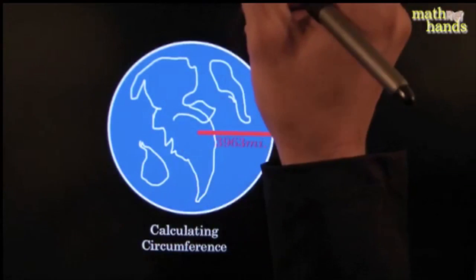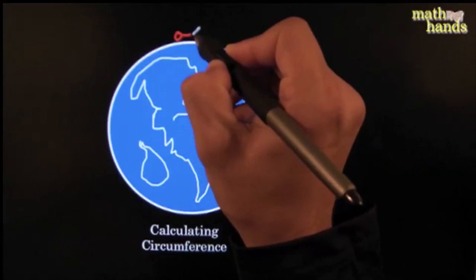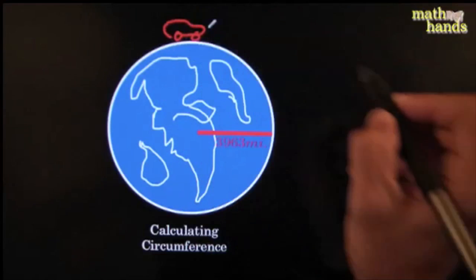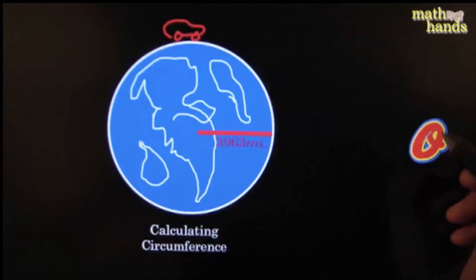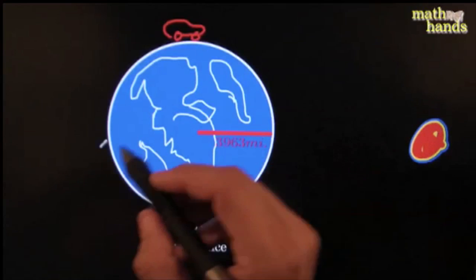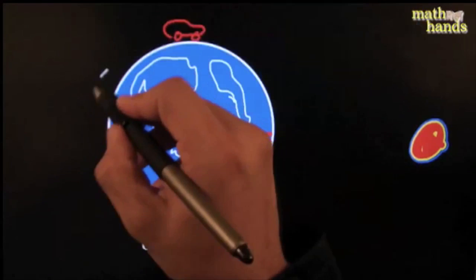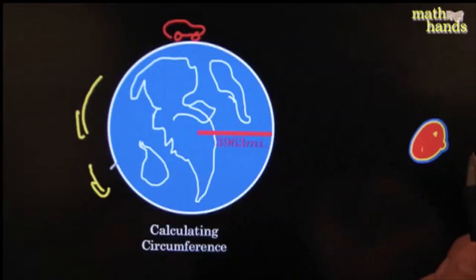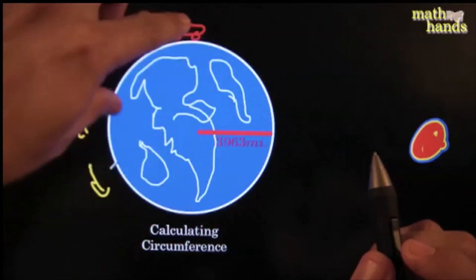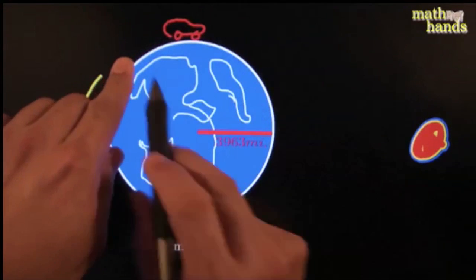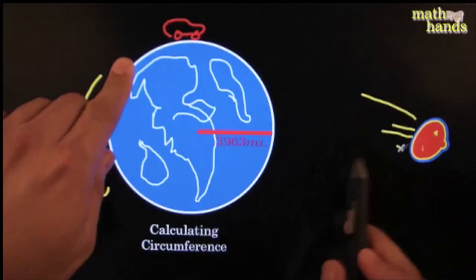And what we've got to do here is imagine the car right here, and maybe the sun is over here. The sun is shining, and the Earth is spinning, spinning and spinning and spinning. So if it spins this way, the car's going to go down over here, and you won't be able to see the sun anymore.